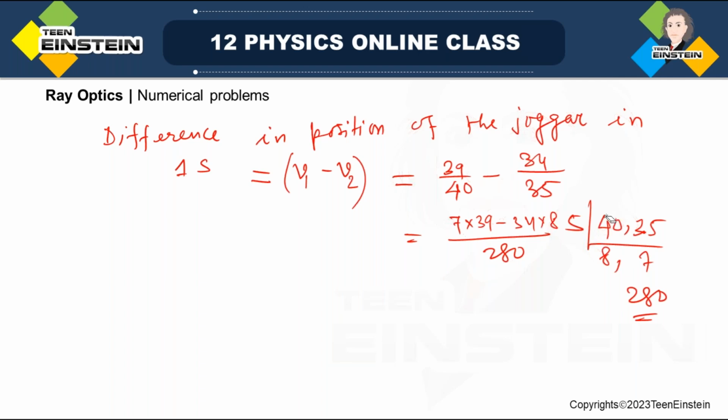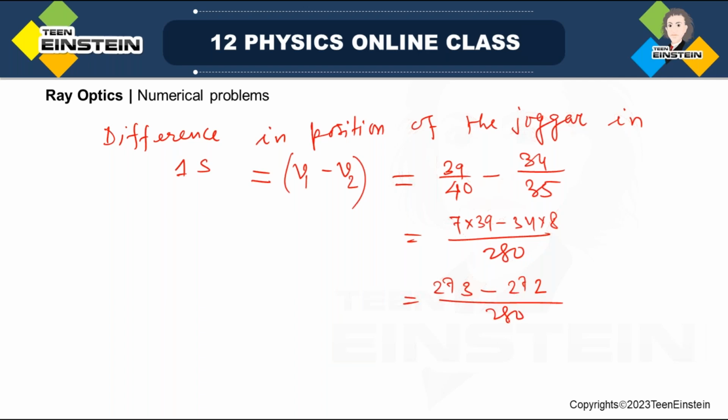If we do a small calculation, this gives 63, like this. So this is 1 over 280. So this is actually the average speed.